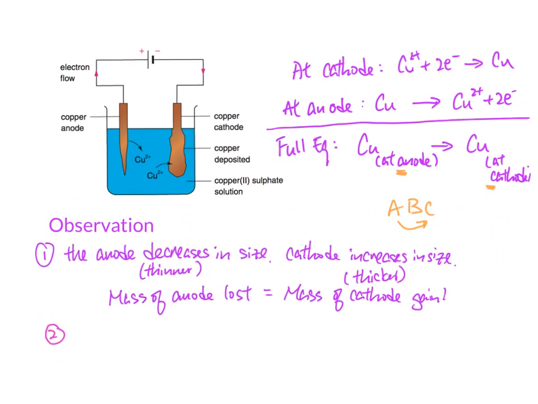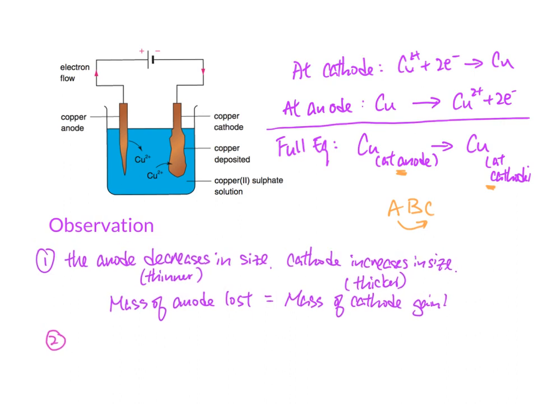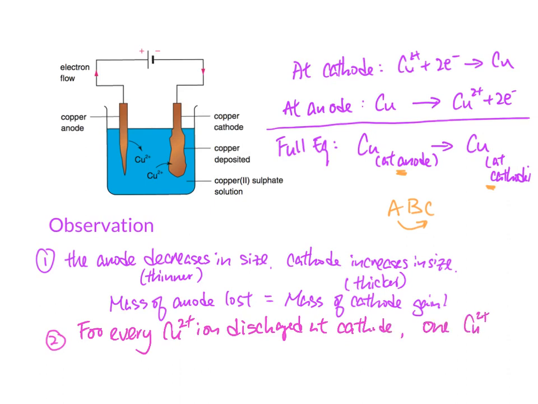For every Cu2+ ion discharged at the cathode, one Cu2+ ion is formed at the anode, because the concentration of Cu2+ ion remains unchanged.